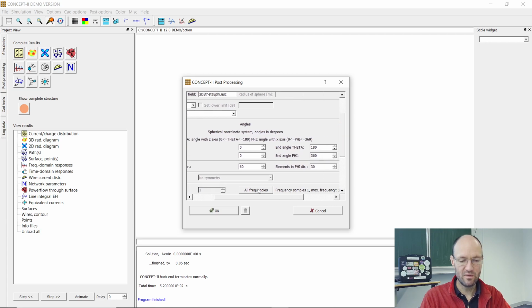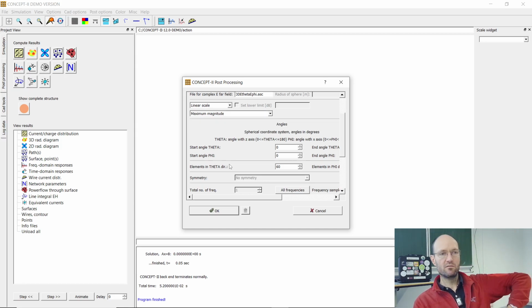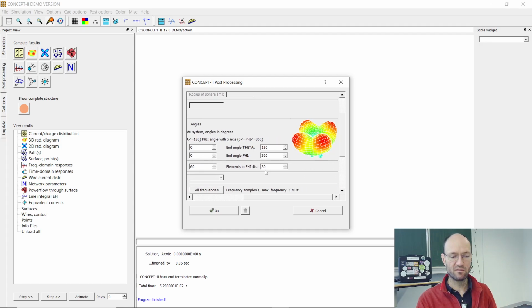This is set to 60 for theta, so we get 60 different steps for this, and this is the phi direction, around the dipole, so 30 steps for this.